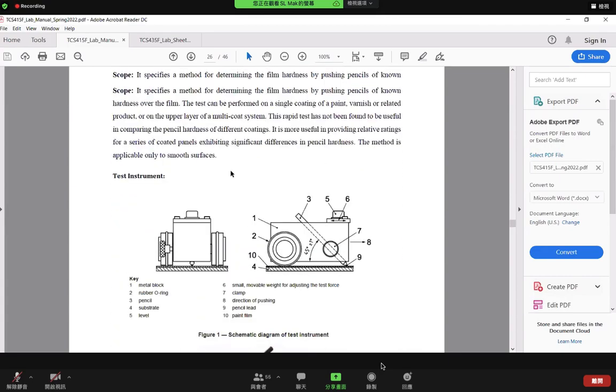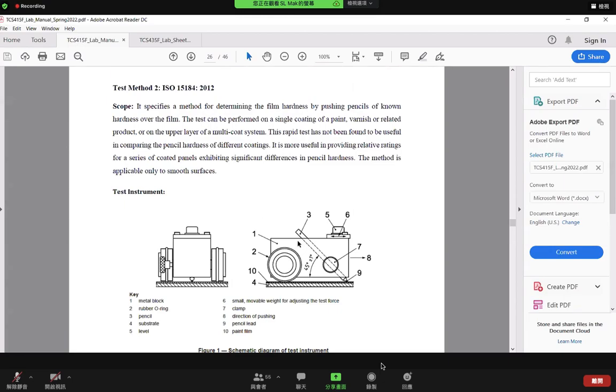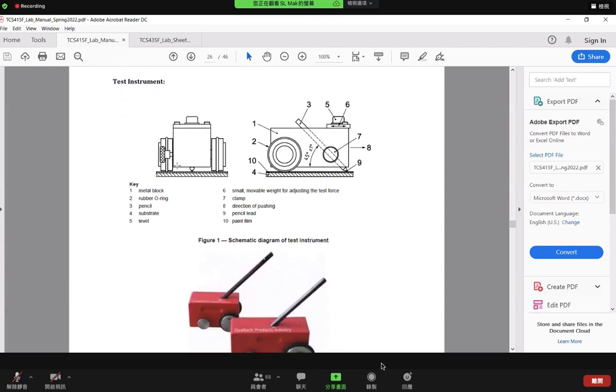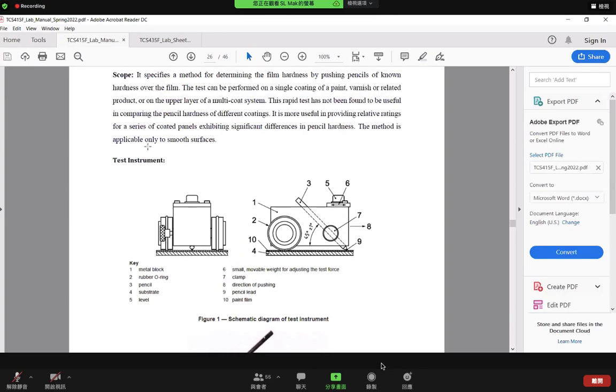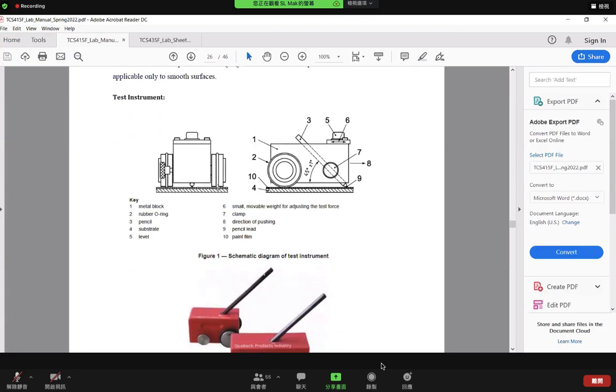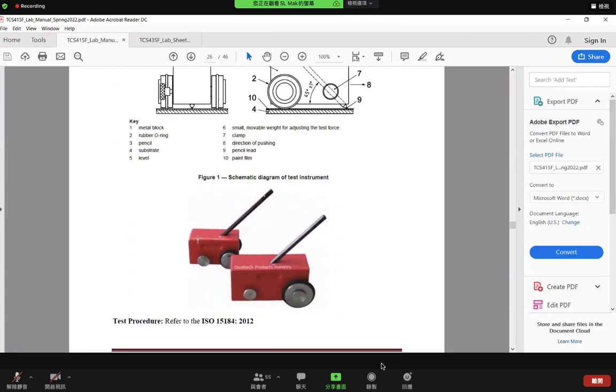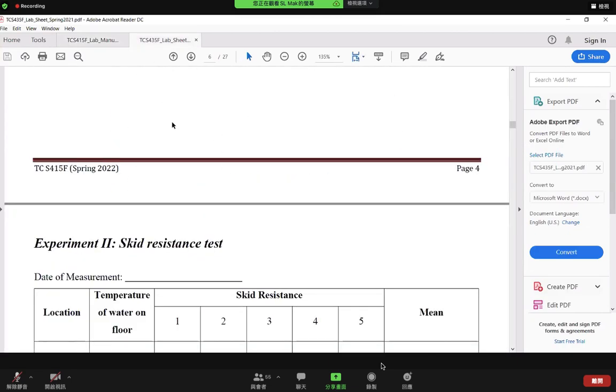And the second one, we will use different pencils to check the hardness. That is a device also mentioned in ISO, ASTM, or BS, GB standards. Both methods are commonly used in the industry. Different pencils will be provided.